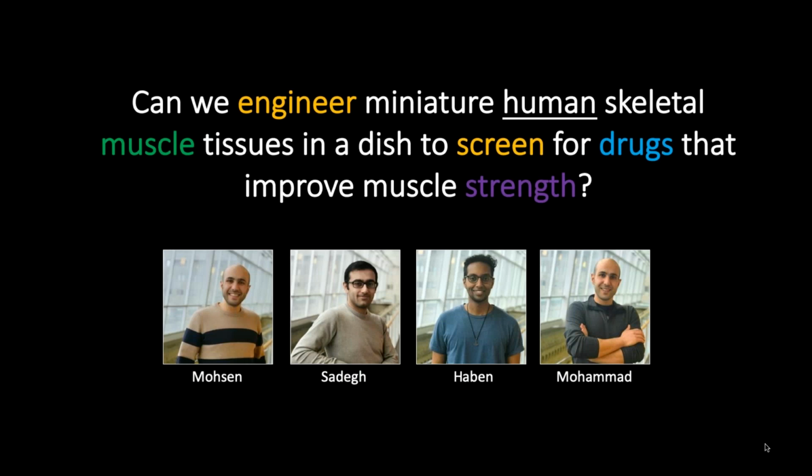The question asked by this group of students, Mohsen and three other colleagues in the lab, Sadi Davouti, Haben Abraha, and Mohammed Afshar, was whether they could engineer miniature human skeletal muscle tissues in a dish that they would then use to screen for drugs that could alter human muscle strength.